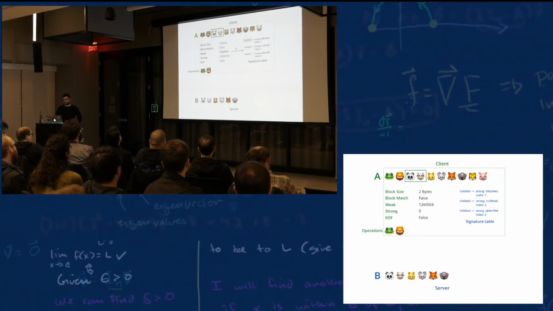And it will also calculate the strong signature for these two. It is a match as well. And now our variable block match is true, and we can move by blocks. And we also queue the index of the block that was matched.